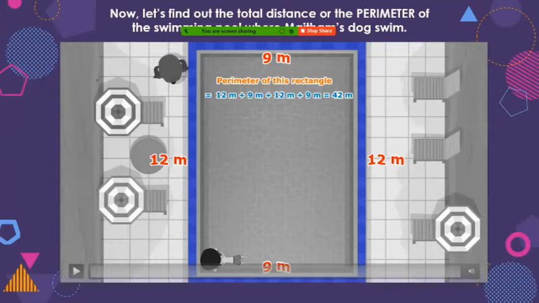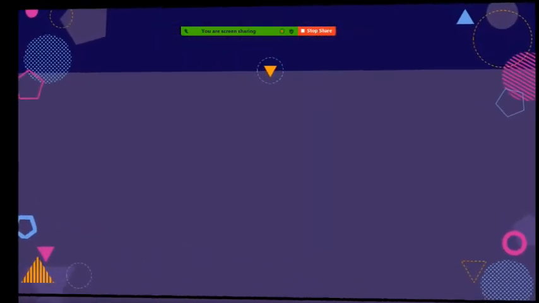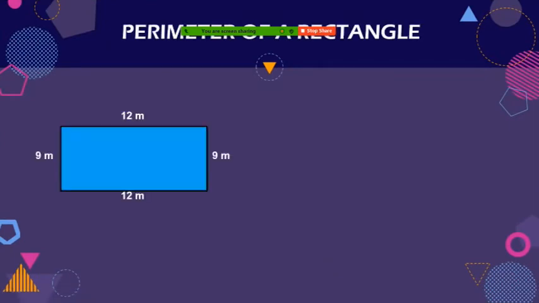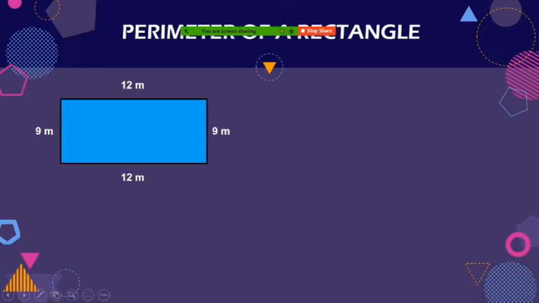And what is the shape, class, of the swimming pool? Rectangle. Thank you very much, Jaffer. The shape of the swimming pool is a rectangle. So there are two ways to find the perimeter of a rectangle, class. The first one, as shown in the video, we can add all the sides.